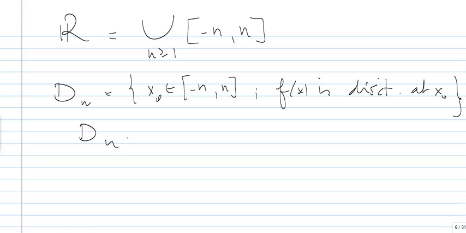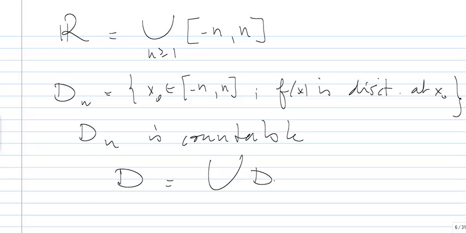From the previous proof, we know that Dn is countable, and our D is just the union of Dn's. And therefore, we have a countable union of countable sets. Therefore, D is countable. So it doesn't matter whether you have an interval AB or a function that's defined on the entire real line.